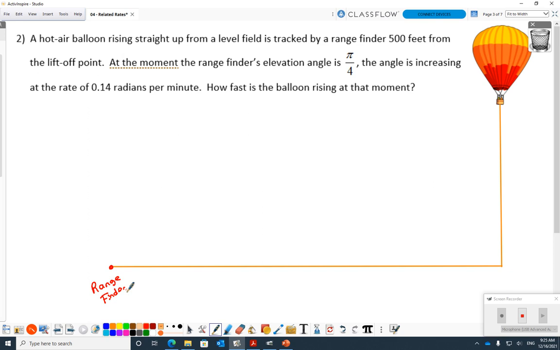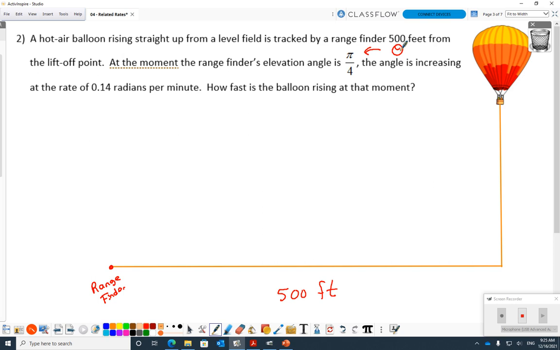So this whole distance here is 500 feet. Good. At the moment, the rangefinder's elevation is pi over 4. I'm going to use theta as my angle in the question. We like theta there. And the angle is increasing at a rate of 0.14 radians per minute.